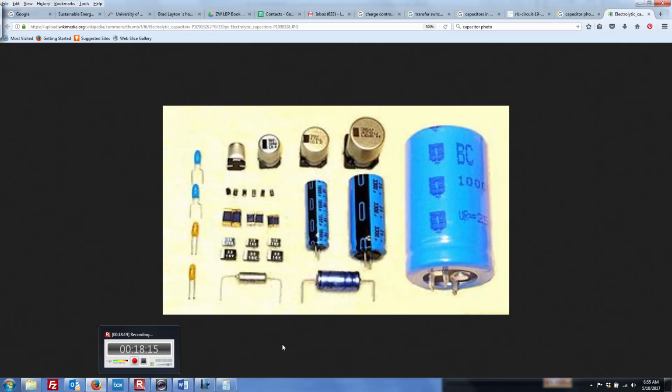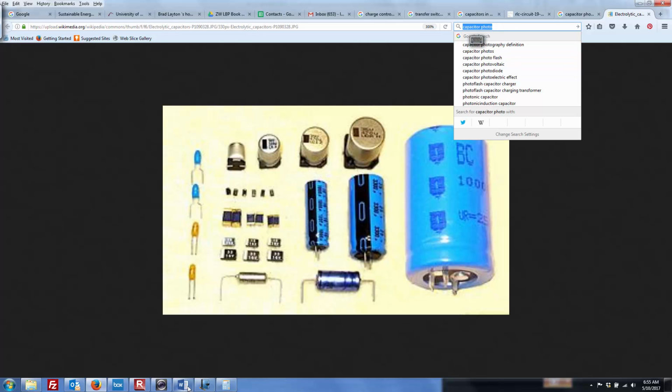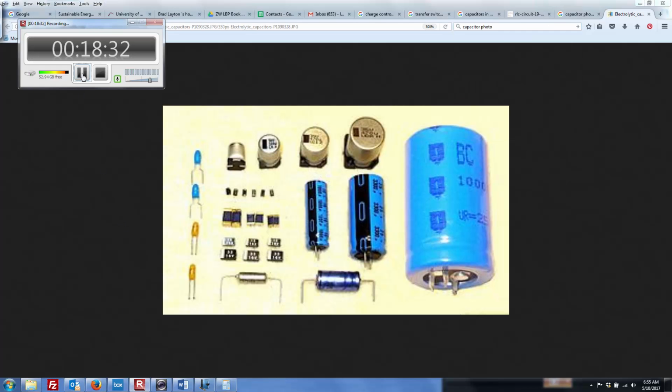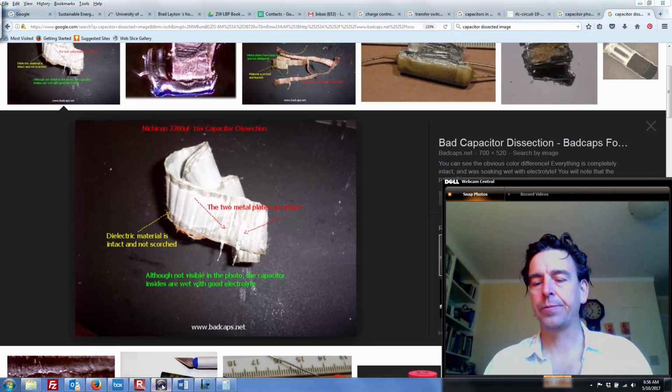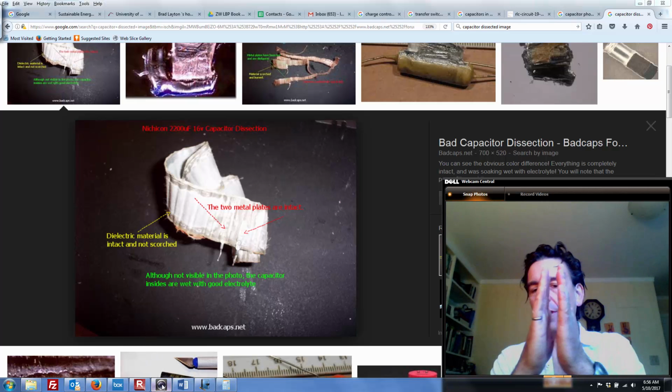Oh, and so here we go. This is a picture of real capacitors. So you always see there's two sides to it, and inside the capacitor, and I'm going to try to see if I can find a neat shot of that. All right, what I'm showing in this picture is that inside the capacitor there are two big plates together, and so there's always a gap between them.